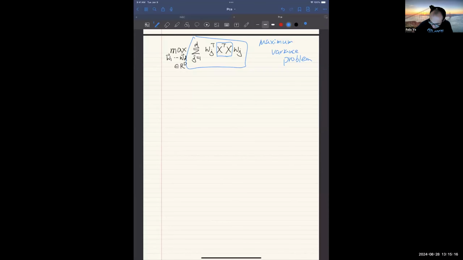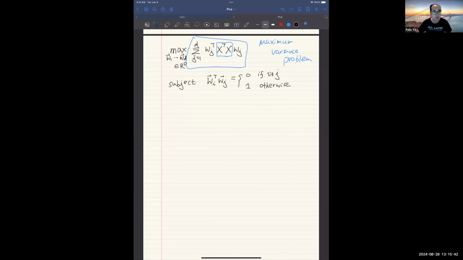But the key is that it is constrained: W1 to WD have to be orthonormal. That means Wi transpose Wj is 0 if i is not equal to j, and 1 otherwise.